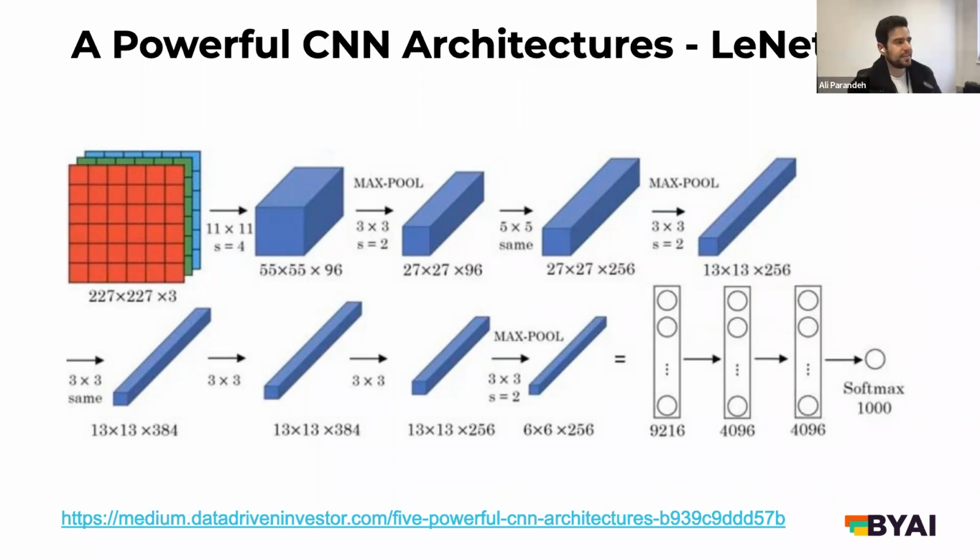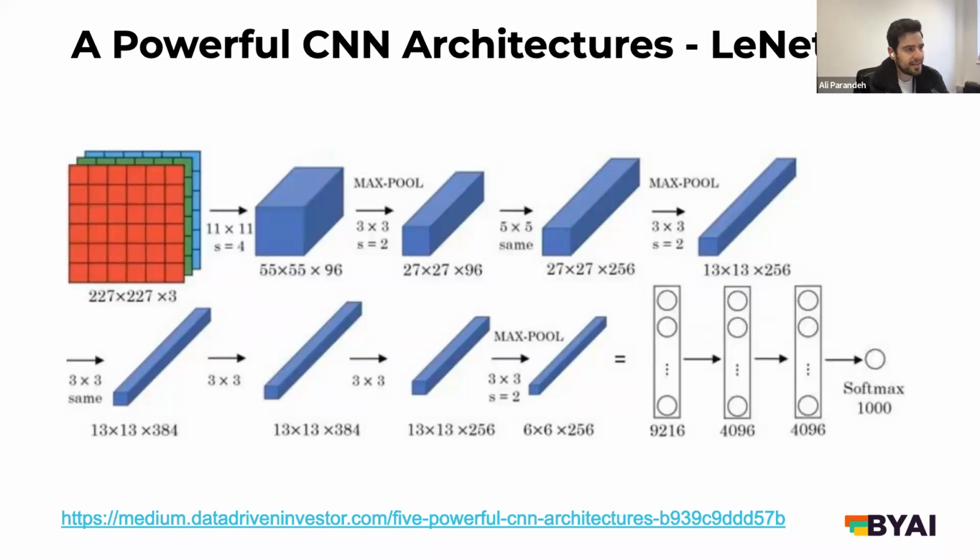In this typical, powerful CNN architecture, we take an image, which is a 227 by 227 array of numbers, in 3 color channels. We slide a convolution and construct 96 filters of 55 by 55.